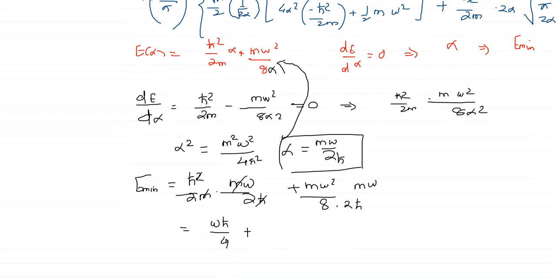So this has to be m omega upon 2 h bar. Now I can see this m will nicely get cancelled, omega will get cancelled, and 2 and 8 I will divide and it will become 4, and we will again have omega h bar upon 4. So let us add these two: h bar omega by 2.